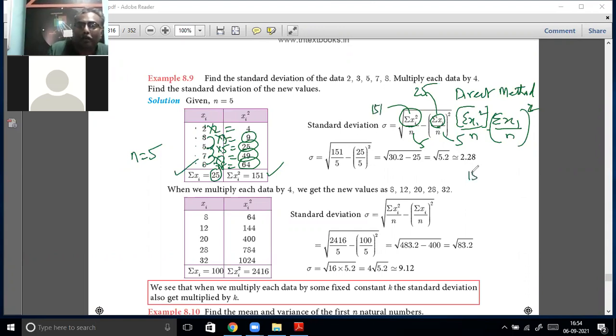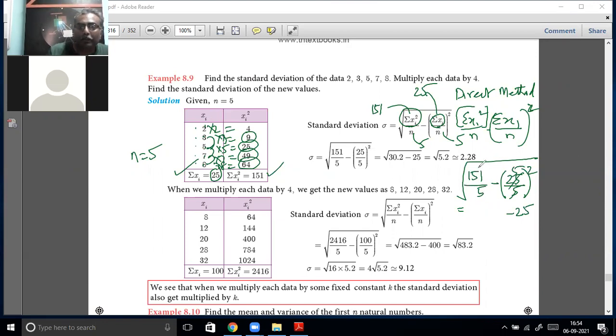So you do 151 divided by n, minus sigma x of i by n the whole square, the whole root. 25 by 5 will be 5. 5 squared is 25, so this is minus 25.